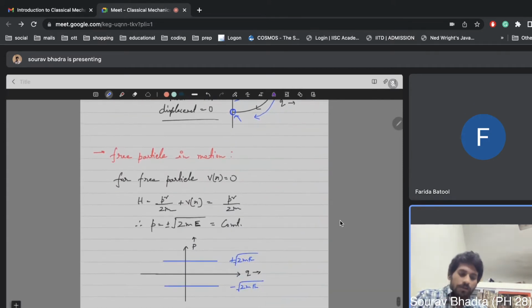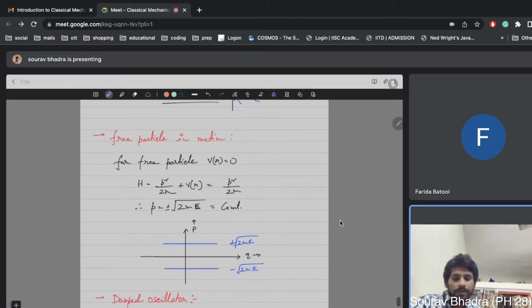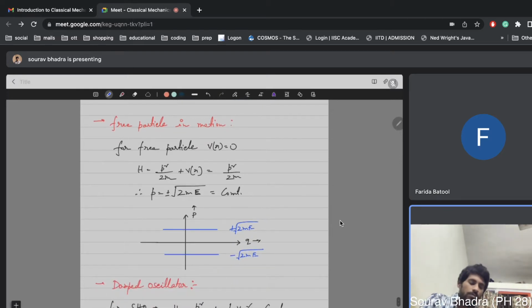Okay, good. Now for a free particle in motion, how will the phase space look? The Hamiltonian of a system can be written as the potential energy plus the kinetic energy. The kinetic term is p square by 2m and V(x) is the potential term.